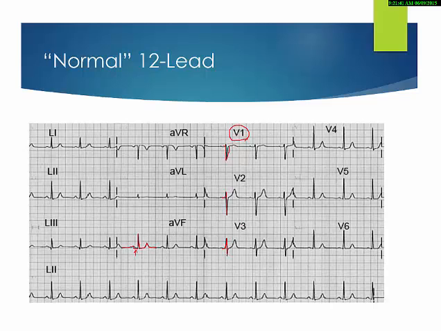And by the time you get to V4-ish, you should have a predominantly upward QRS complex that remains throughout the rest of your precordial leads. So this is what we call a normal R wave progression, or a good R wave progression. It starts off mostly negative, transitions through V2 and V3 into V4 as mostly positive, and ends on mostly positive.